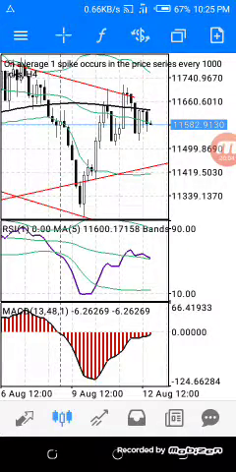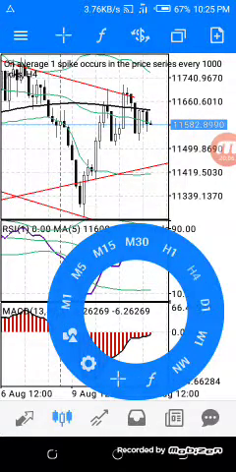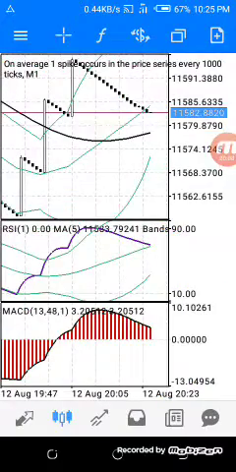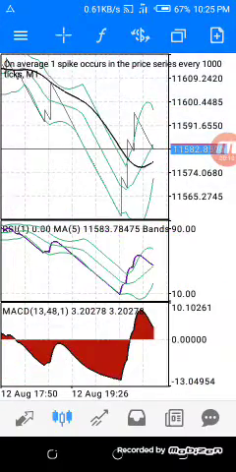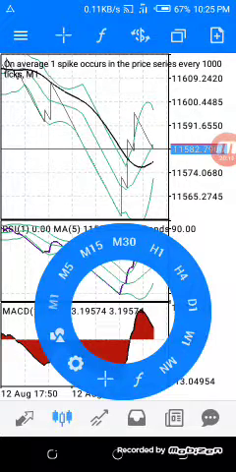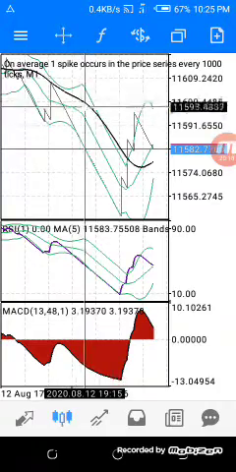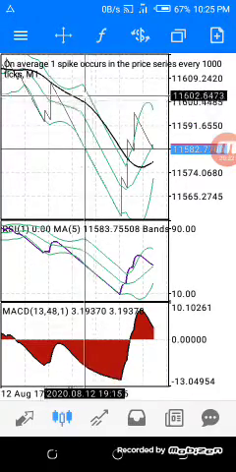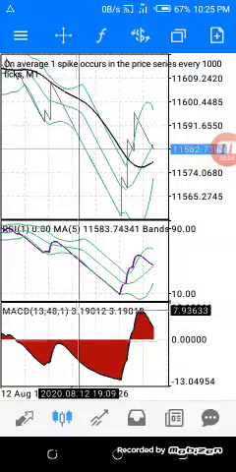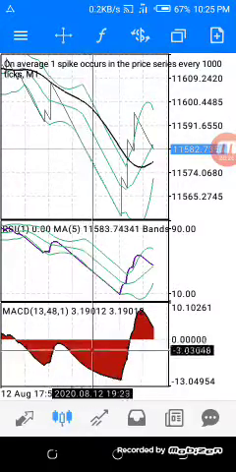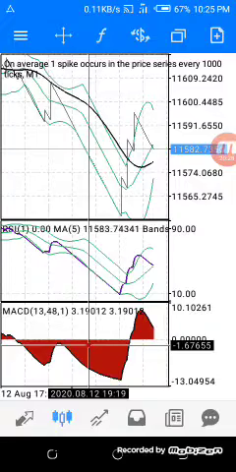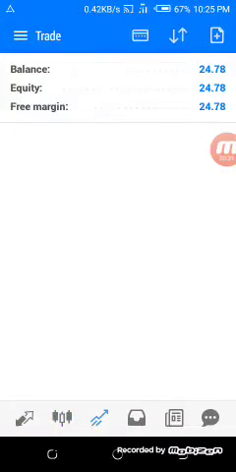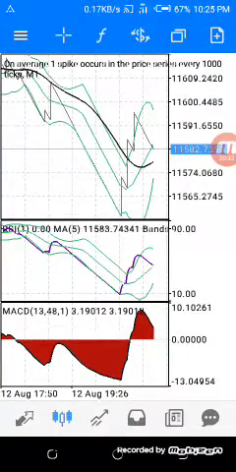Then the other strategy that I'm going to tell you guys is using the 1 minute time frame. I'm only using the moving average 48, and I'm also using the MACD. So what opportunities am I looking at?